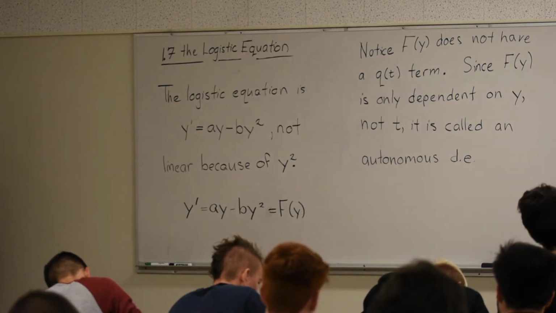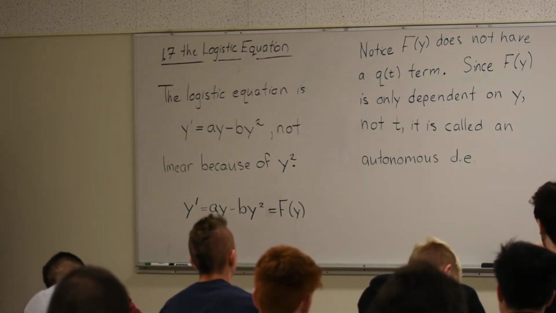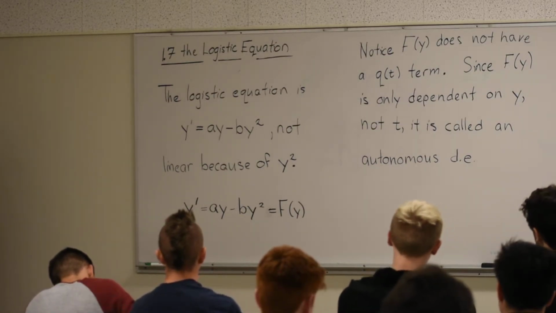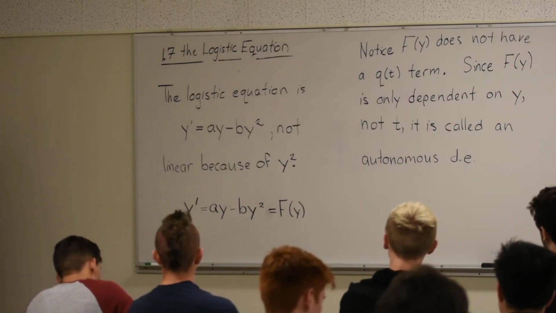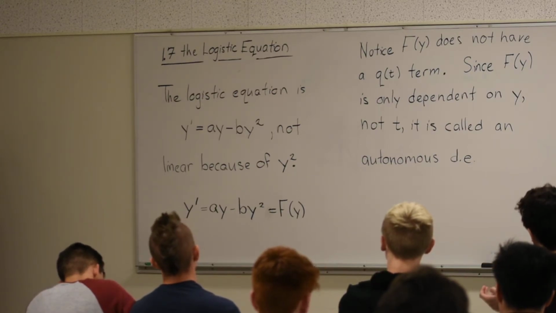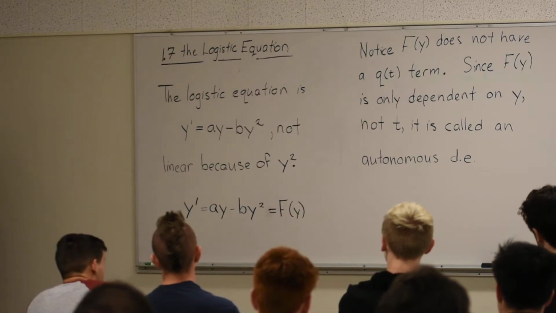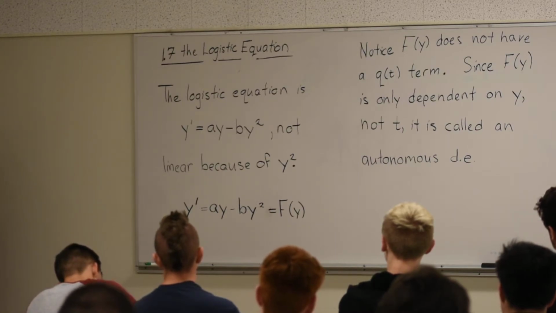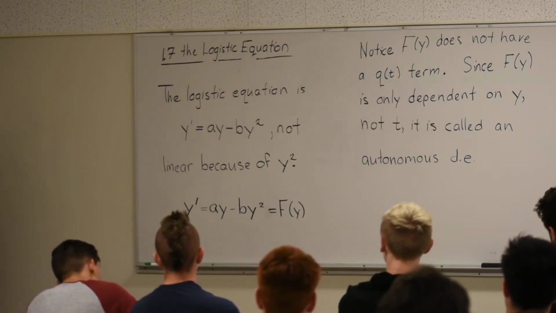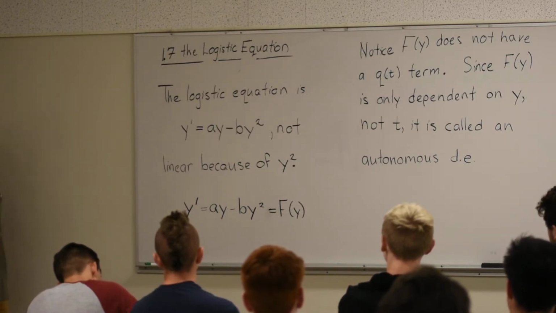Is there going to be a differential equation with Q of T, or an equation that has that y squared, the logistic equation, but also has a Q of T? Eventually, no. It's still going to be autonomous.